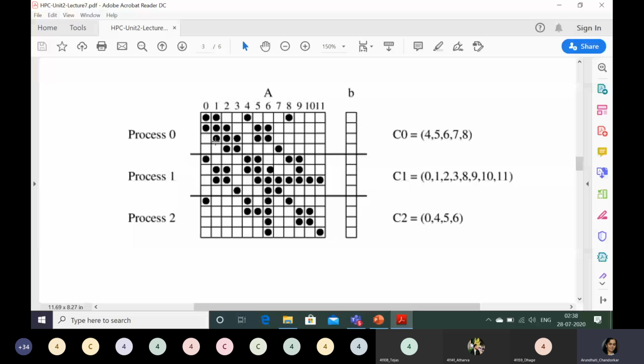General mapping. So 4 rows per process 0, next process the next 4 rows, next process the next 4 rows. And this is how we had distributed the tasks and the mapping. So this is the task partitioning.